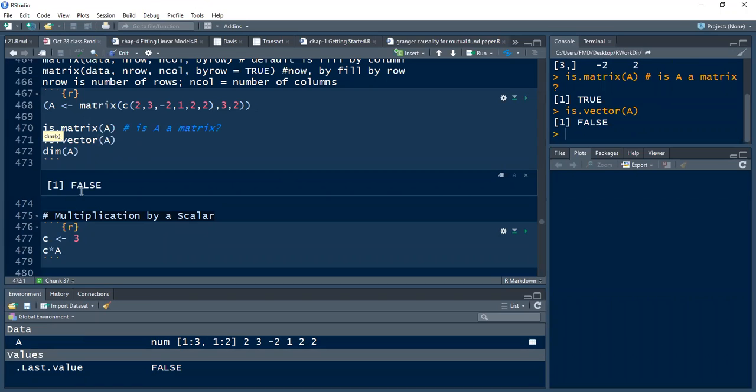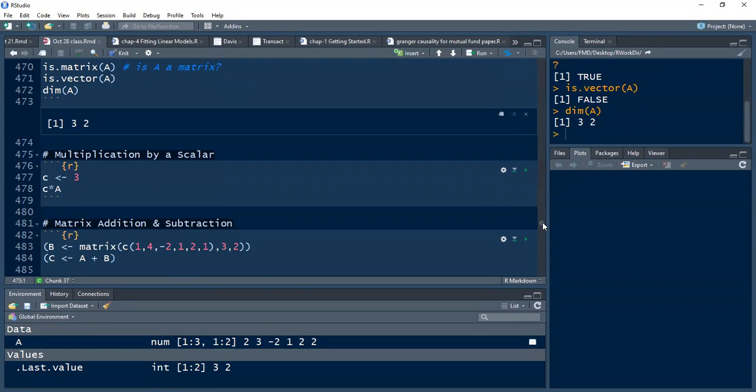It's FALSE. So the object A is not a vector, it's a matrix. And then what's the dimension of A? It's 3 by 2. It's a 3 by 2 matrix. All right. Now, matrices can be multiplied.